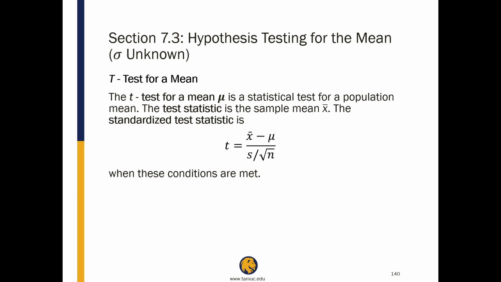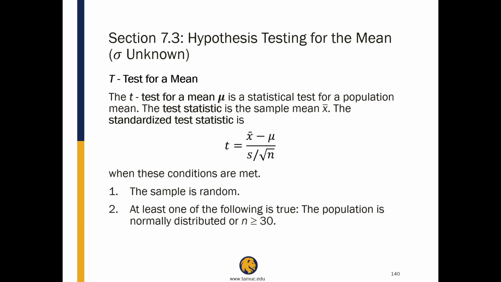The standardized test statistic is t equals x bar minus mu over s divided by the square root of n, where the conditions are met that the sample is random and the population is normally distributed, or n is greater than or equal to 30. Of course, we need to also use the degrees of freedom n minus 1.